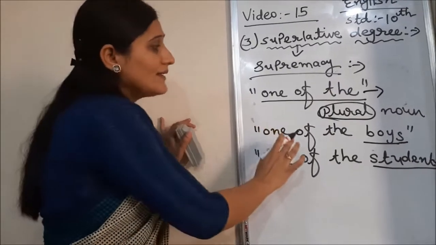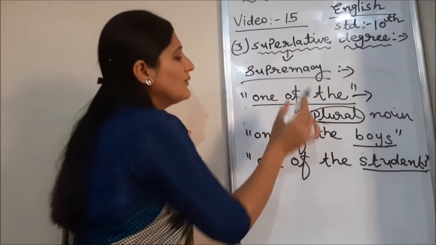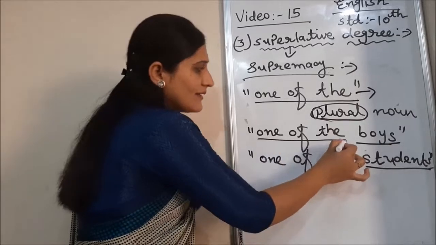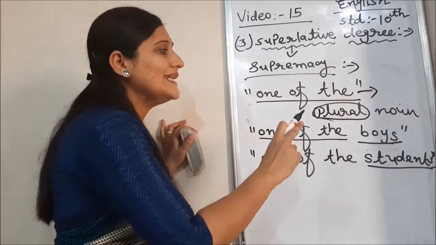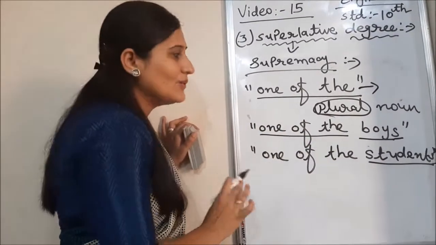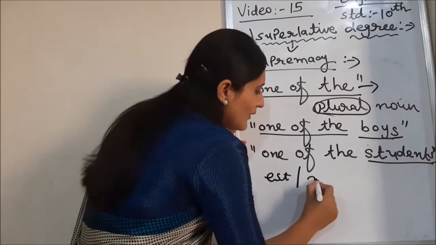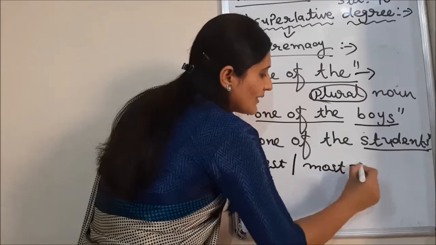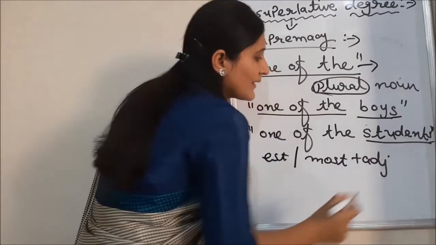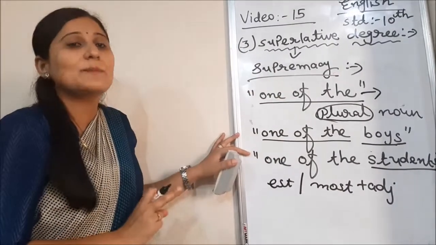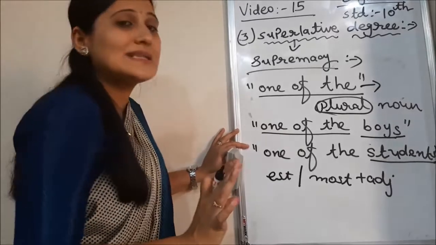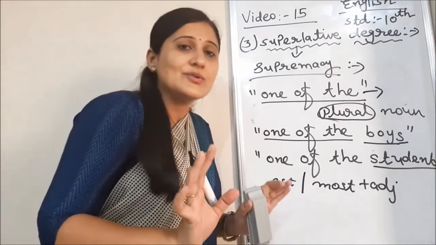So in superlative, it will be "one of the" given. Then how to change into CD and PD, that I will tell you. And if est that I talked about earlier, or most plus adjective is given, then how to turn into CD and PD, that also I will tell you. Don't be confused.